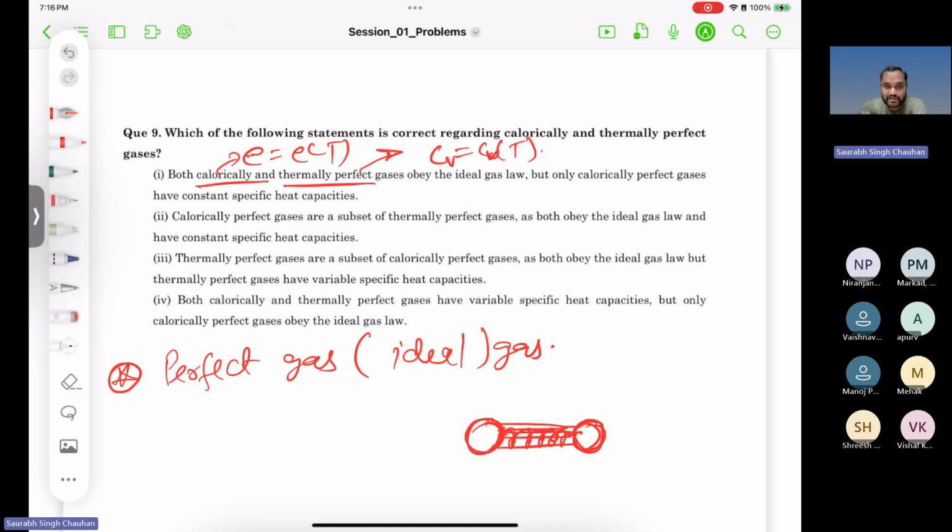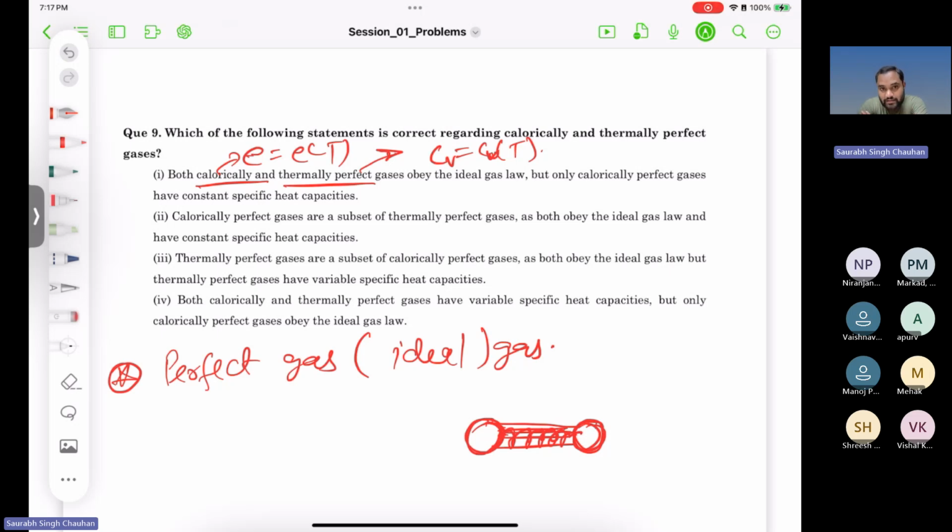Second option says calorically perfect gases are a subset of thermally perfect gases, as both obey the ideal gas law and have constant specific heat capacities. So this is not correct, because thermally perfect gases don't have constant specific heat capacities at higher temperatures, right?